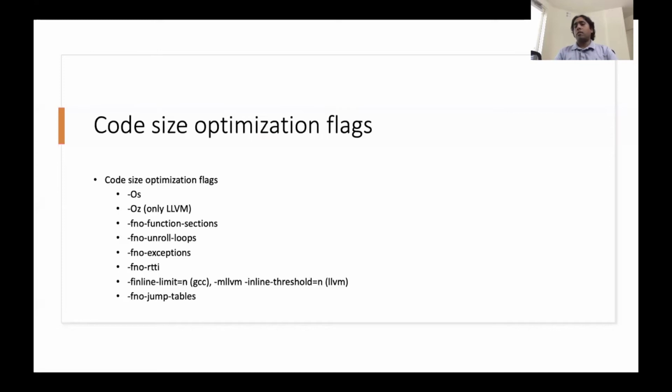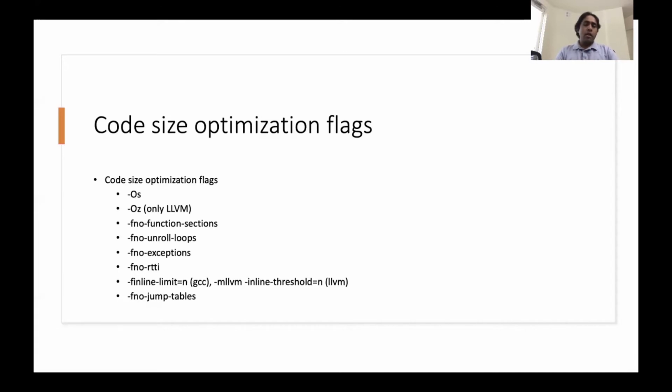But in many cases, we don't use exceptions, so we can just disable them. That will save code size. Just be careful that we cannot use a throw or try block if exceptions are disabled. So you really have to not use exceptions in the first place. That way the compiler will not generate extra useless code, which we are not planning to use anyway.